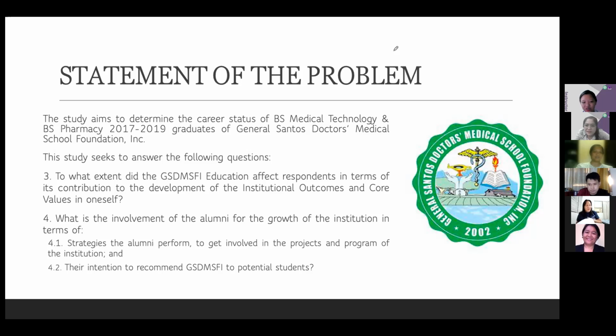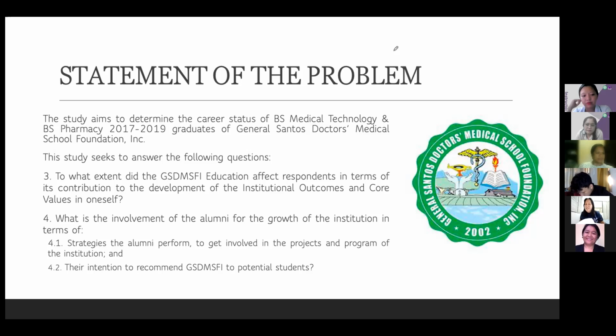Na ang 5.1 is intention to recommend GSMSFI to potential students. Ang 5.2 is involvement in the projects and programs of the institution. So to what extent is the involvement of the alumni in the growth of the institution in terms of 1, intention to recommend GSMSFI to potential students, 2, involvement in the projects and programs of the institution.